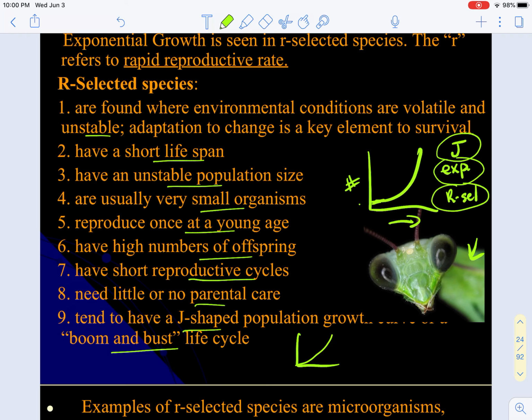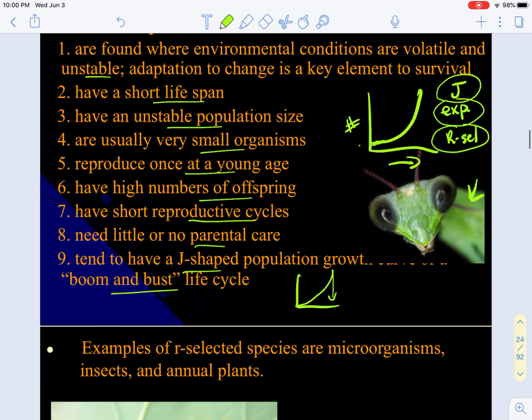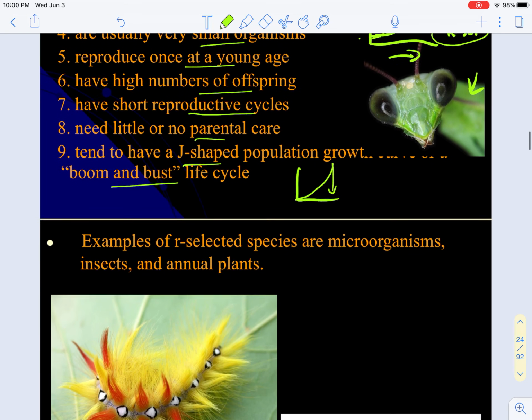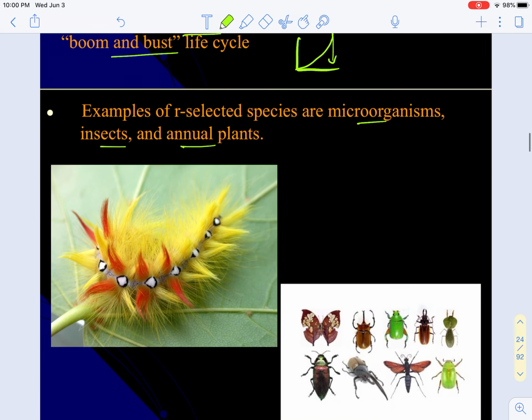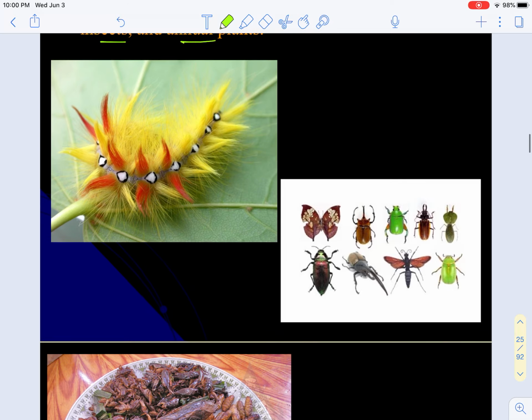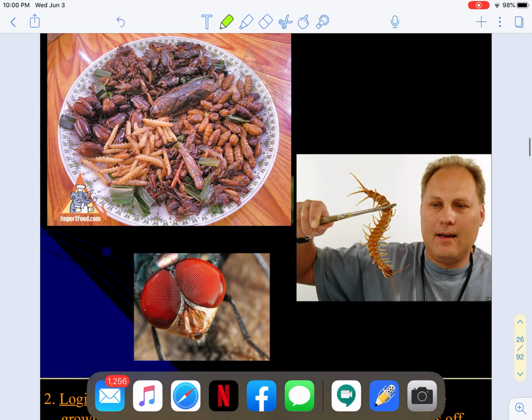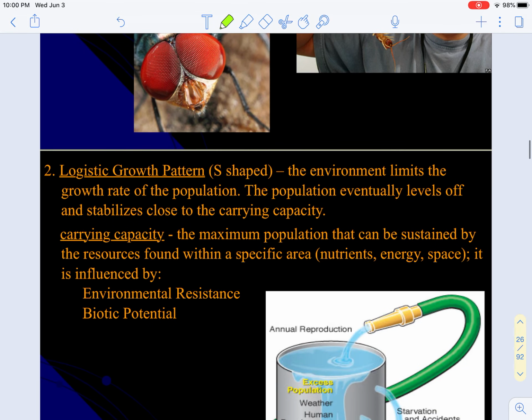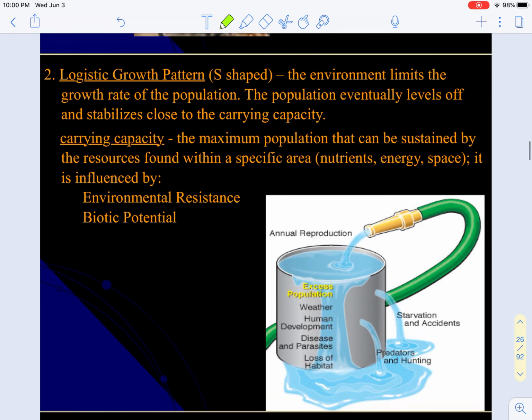Okay, and so if they say boom and bust, that means that not only can they rapidly reproduce exponentially, but they often bust after that and die off, like dandelions do or insects do in the fall. So microorganisms, insects, and annual plants like dandelions, those are examples of R selected species.